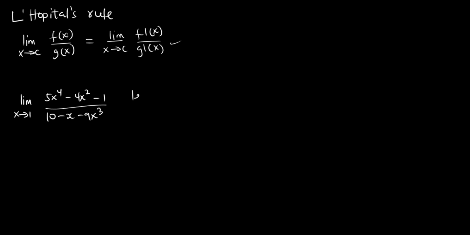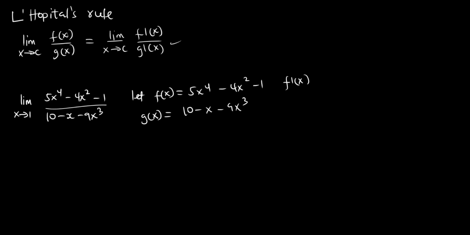So we will let f of x be equal to 5x to the power 4 minus 4x squared minus 1, and then we will let g of x be equal to 10 minus x minus 9x cubed. So you will have to find the derivative of these two functions here. So that will be f prime of x.